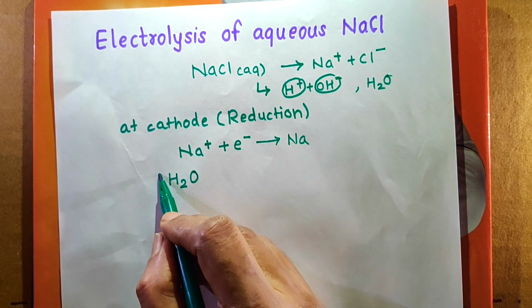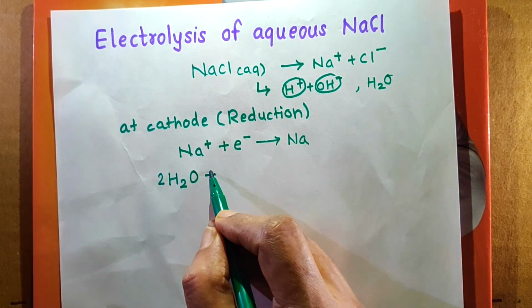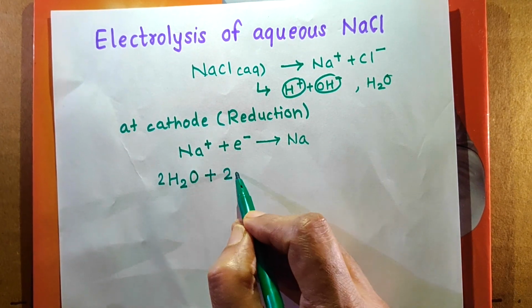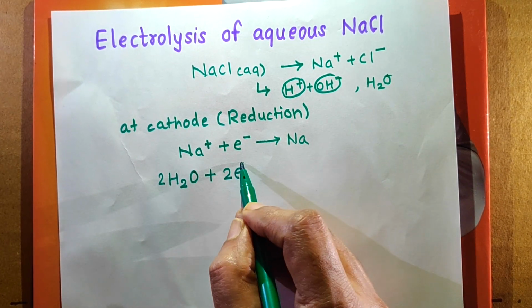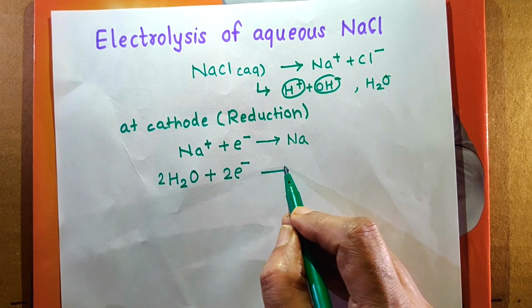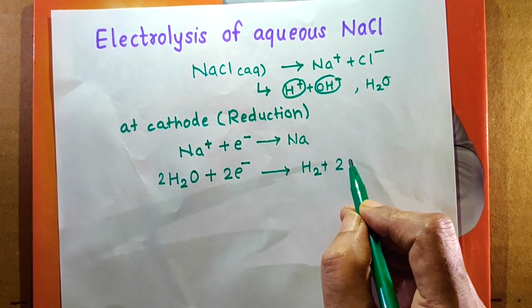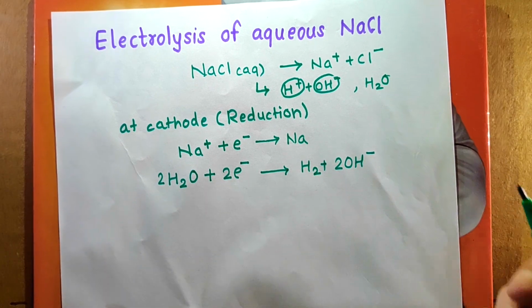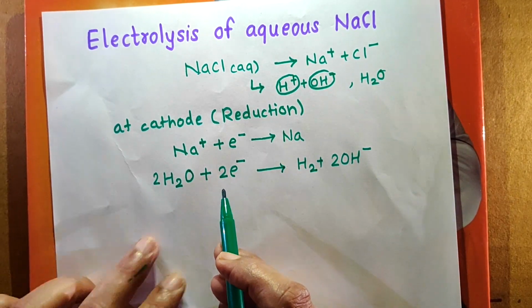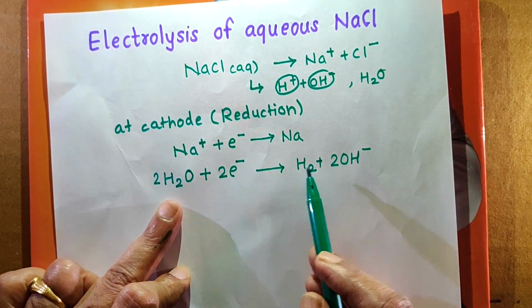So the reduction of water molecules can be represented like this, to give hydrogen gas and 2 OH- ions. Remember, this is the reduction of water to give hydrogen gas.